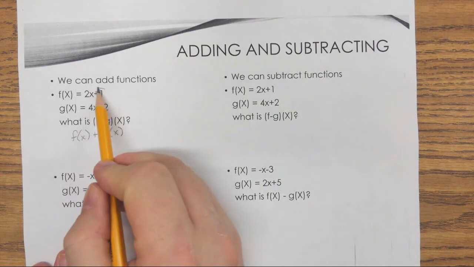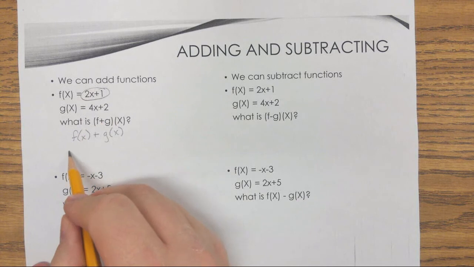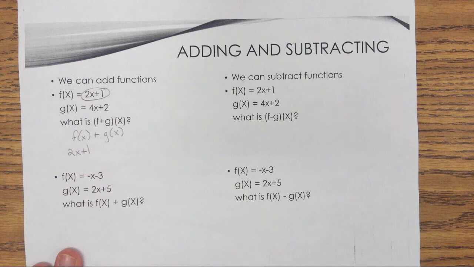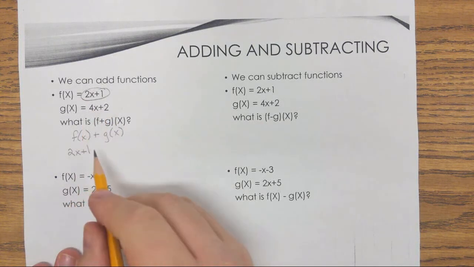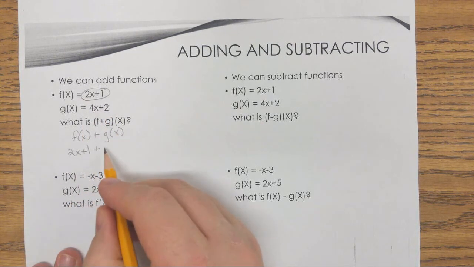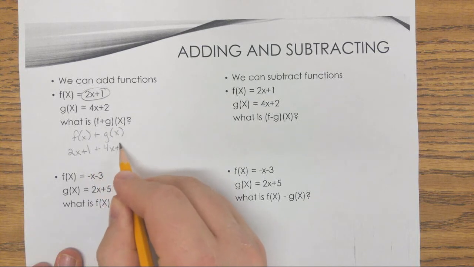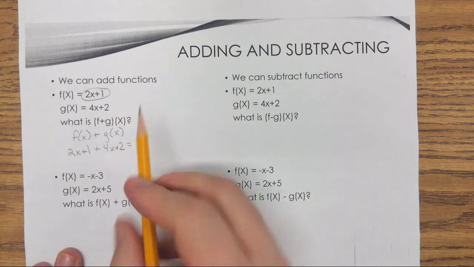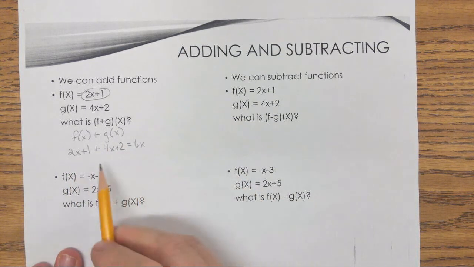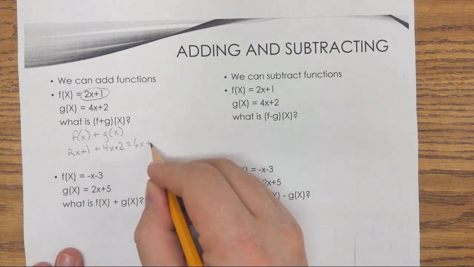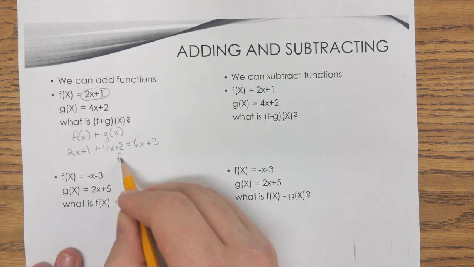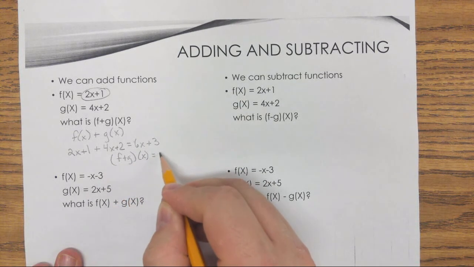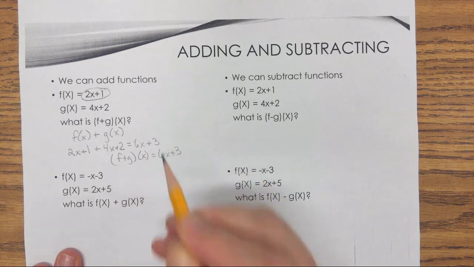So I take 2x plus 1 where the f of x is, and take the 4x plus 2 and put it in the place of g of x. I combine terms now: 2x plus 4x is 6x, and 1 plus 2 is 3. So f plus g of x equals 6x plus 3.